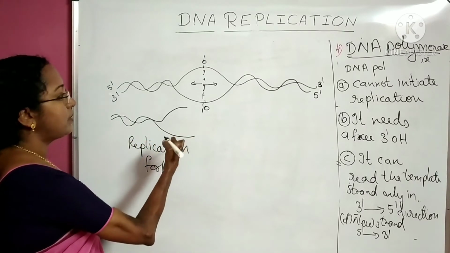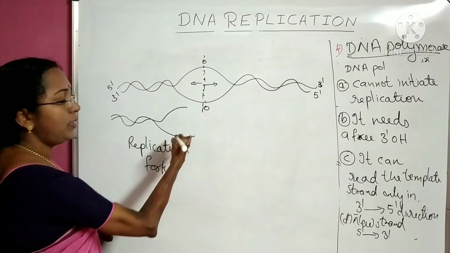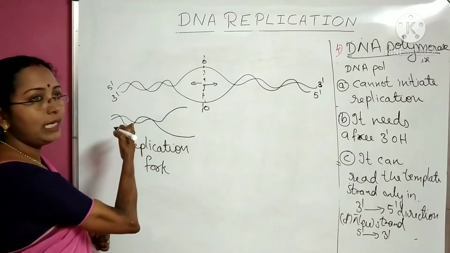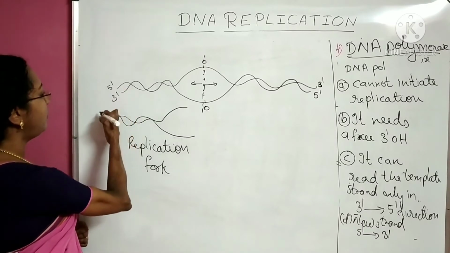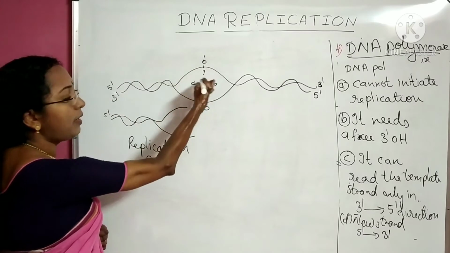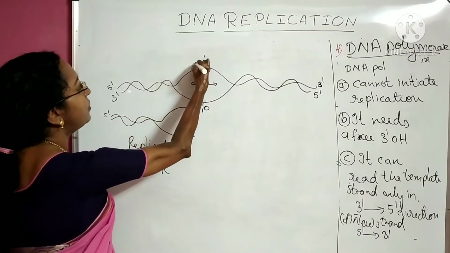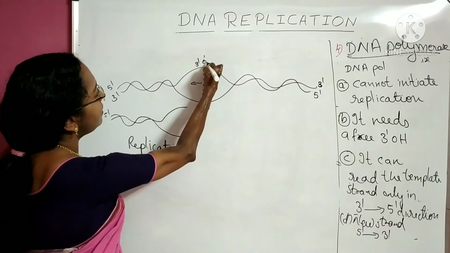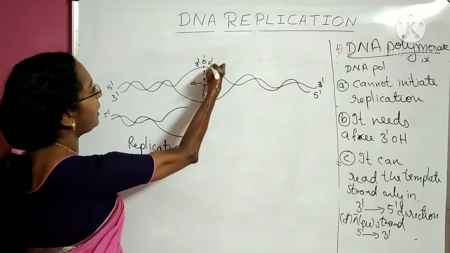Now then what happens? Let's see. In this replication fork, when I have cut this into 2, let me make the ends first. Here this is beginning with the 5' end. Now it is going, and as I make a cut here, it will end up with the 3' end. So the other end will begin with the 5' end.